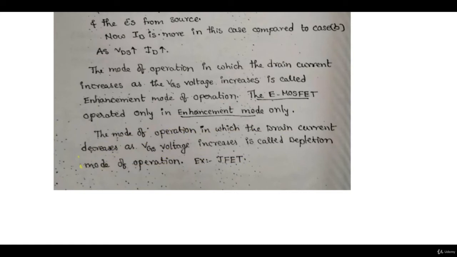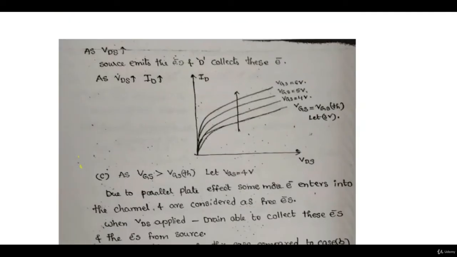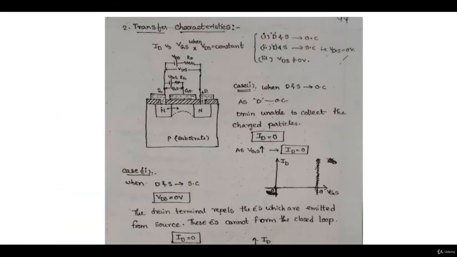You can also use MOSFET in this depletion region, which we will see next, in the next topic, but right now it is enhancement type. I hope the working of drain characteristics is clear, how along with the curve I have told about working as well. Now let's go to transfer characteristics.